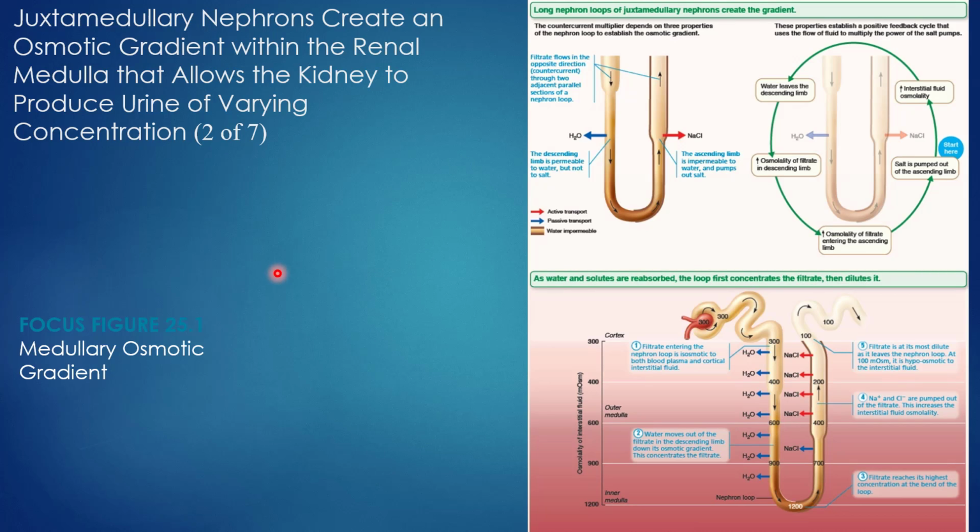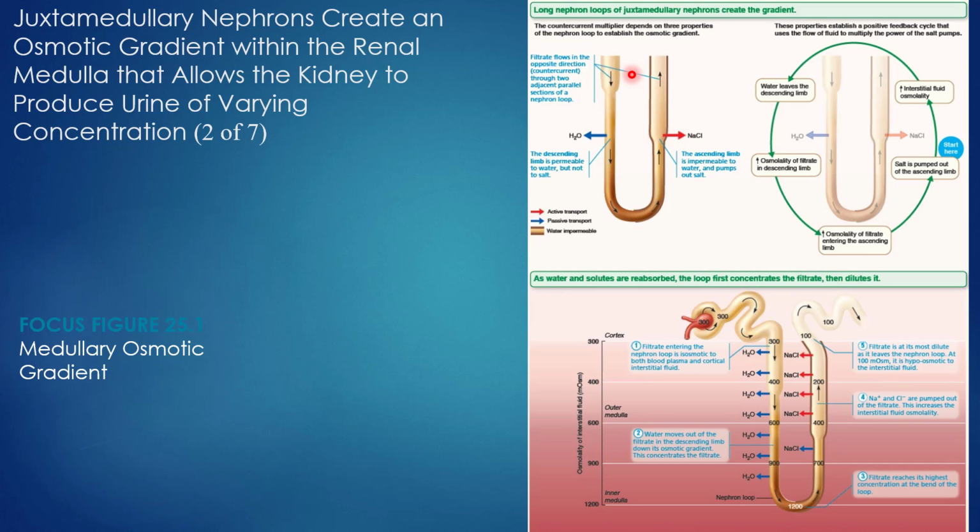So let's focus on how again this is happening. Let's take a look at the countercurrent multiplier. It depends on three properties of the nephron loop. First, the descending limb is permeable only to water. Okay, and then the ascending limb is permeable only to salt.